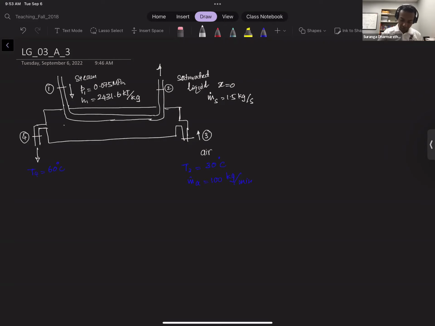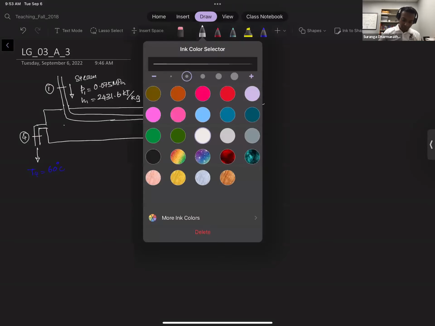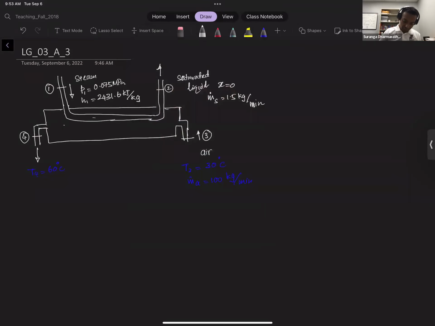And also a little correction here, that's 1.5 kilograms per minute, not per second. Okay, so steam flows in this direction, and air flows in the other direction. So that's why it's called a counterflow heat exchanger.